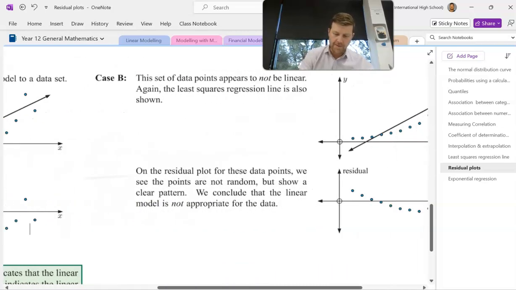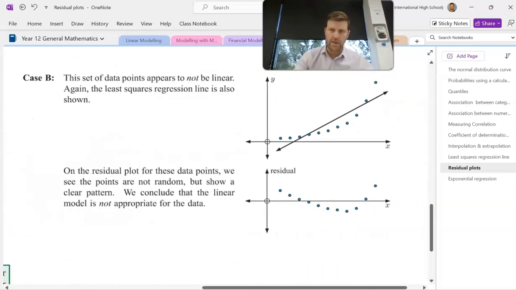However, if we do a scatter plot and our points look like this, and this is pretty well pronounced, it won't always be this obvious, we'll still be able to put a least squares regression line or a line of best fit. R and R squared values will still be very high. However, when we do our residual plot, we see that there is a distinct pattern happening here.